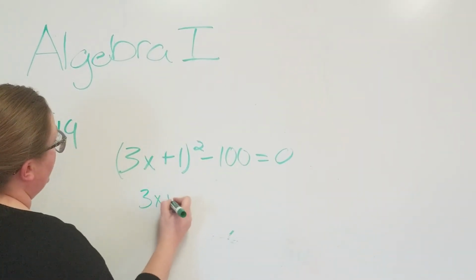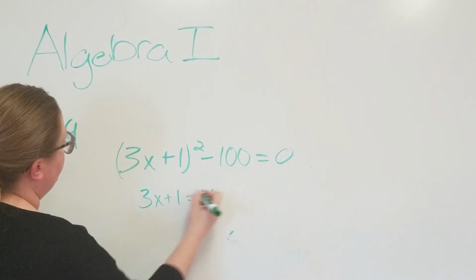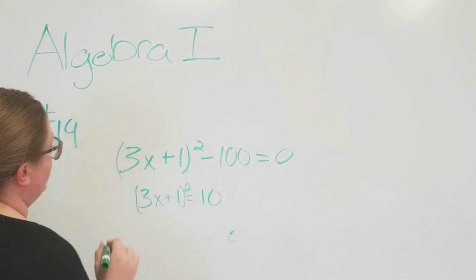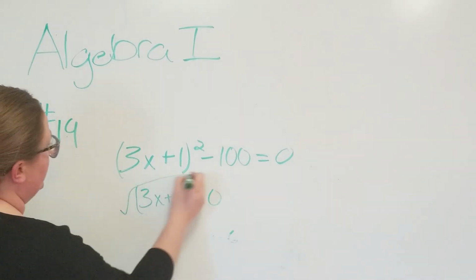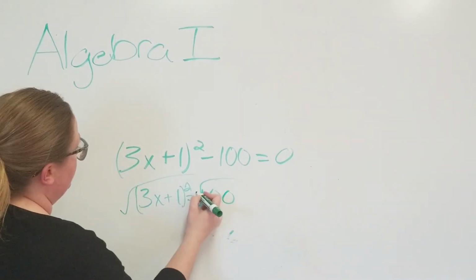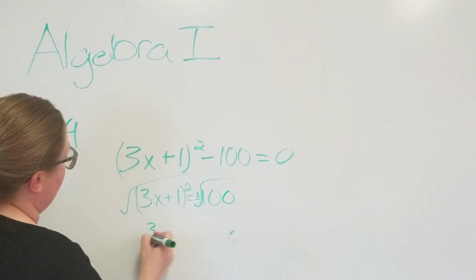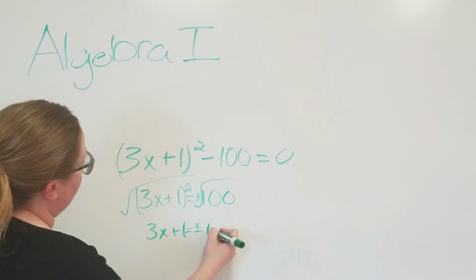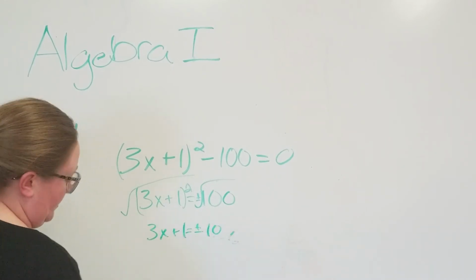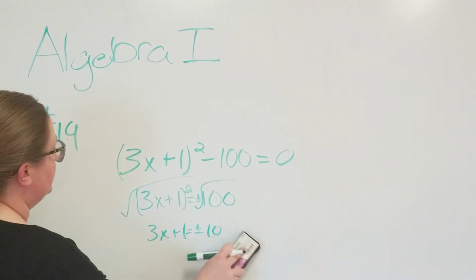Remember, this side's going to be plus or minus. So it's going to be 3x plus 1 equals plus or minus 10, because the square root of 100 is 10.